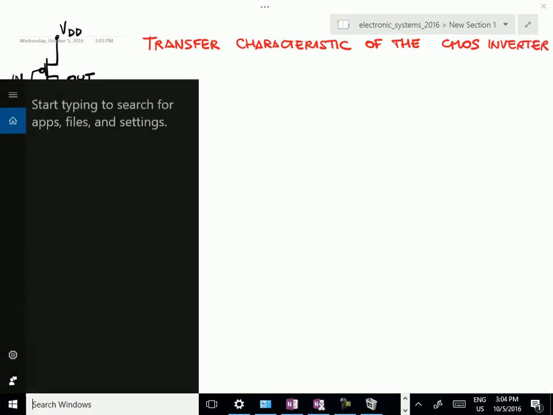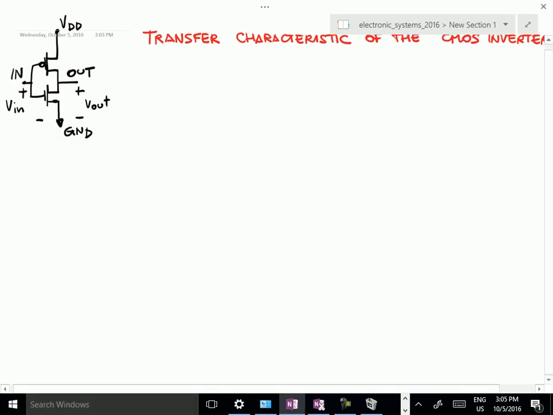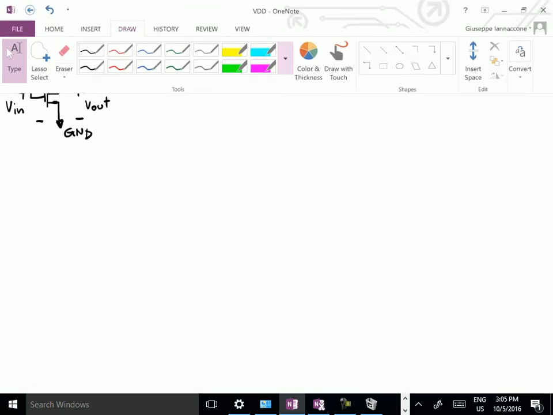What is a transfer characteristic? A transfer characteristic is a curve. We have to plot the output voltage as a function of the input voltage.